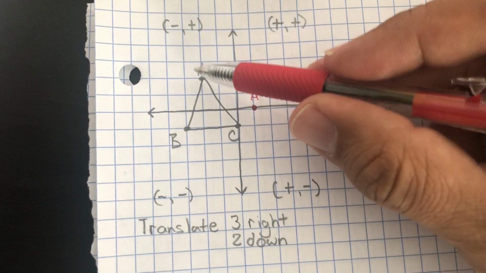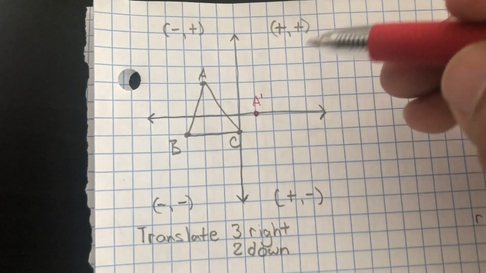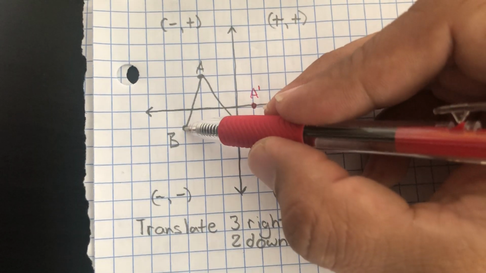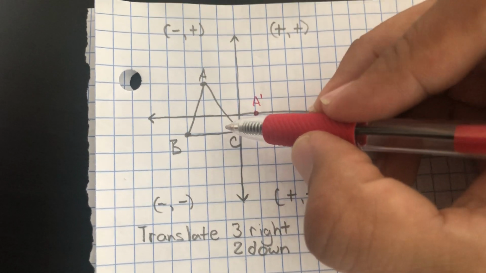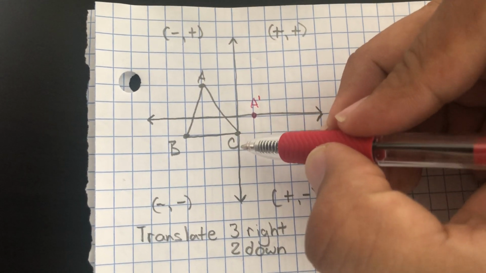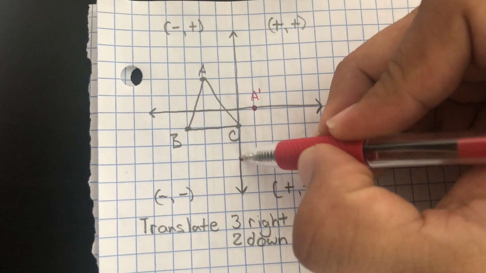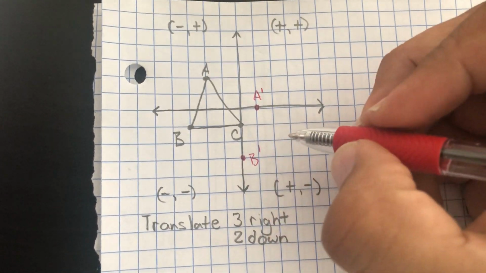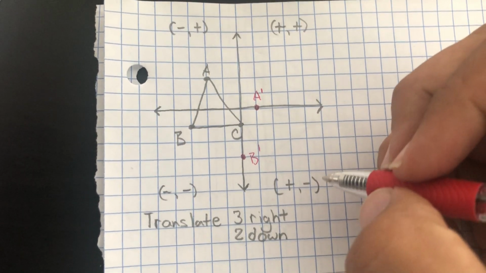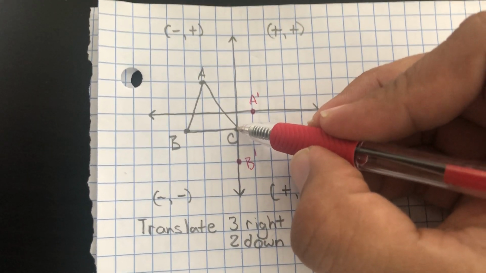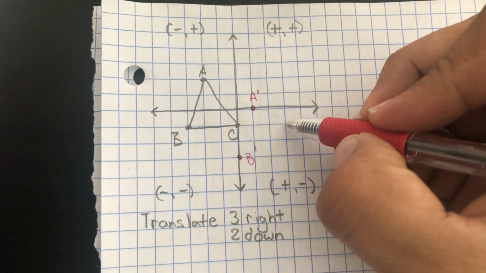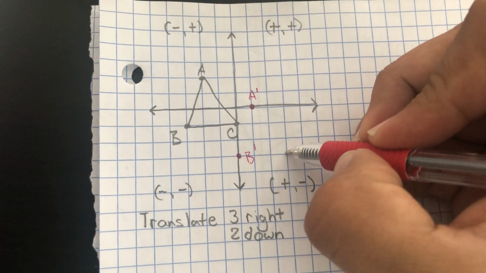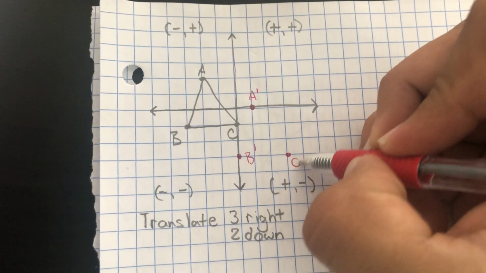So then we know that this is where it started and this is where it ended. So we'll do the same thing to the B. We're going to go 3 to the right, 1, 2, 3, and 2 down, 1, 2, and it ends up right there. And we'll put B prime. And then I'm going to do the same thing to C, which is 1, 2, 3, 1, 2, and that'll be C prime.